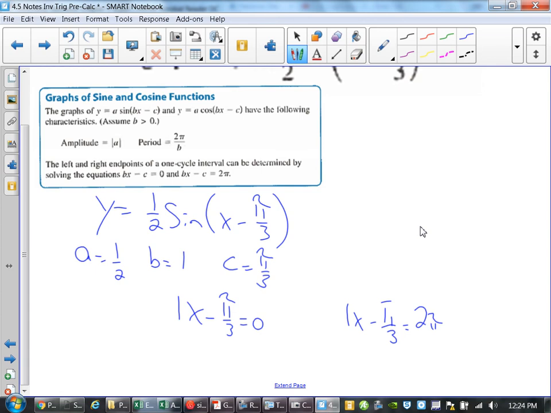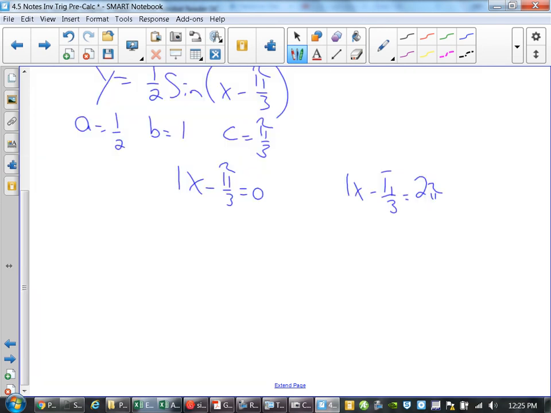It finds your endpoints of your shift right away. The left endpoint would be at x equals pi over 3, and the other one would be at x equals 6 pi over 3, which is 2 pi, add a pi, you get 7 pi over 3.